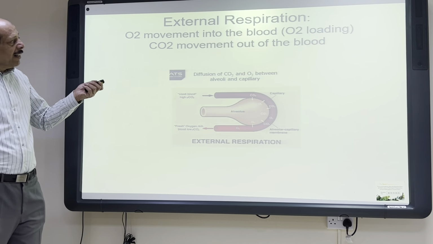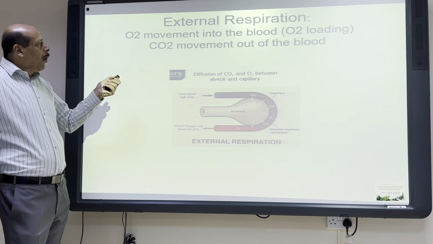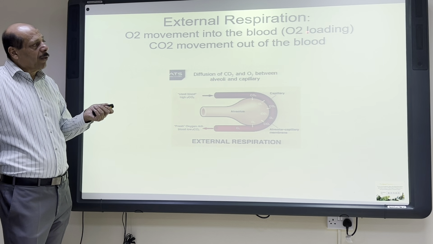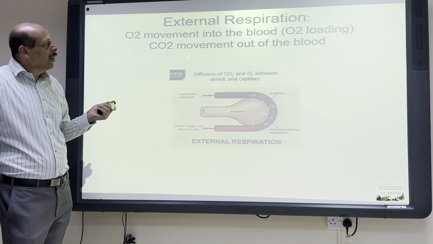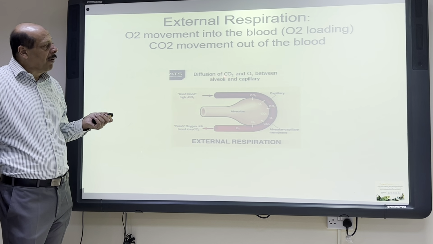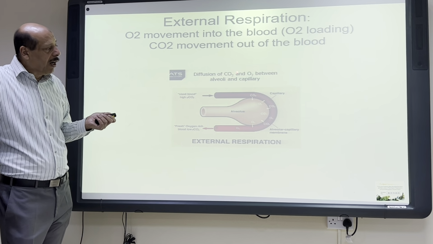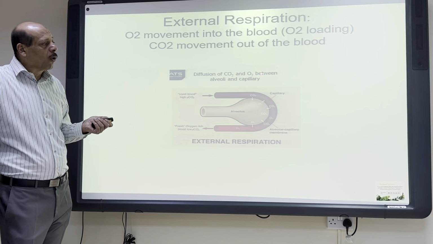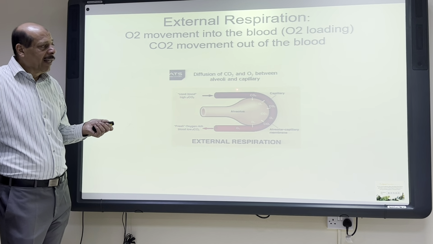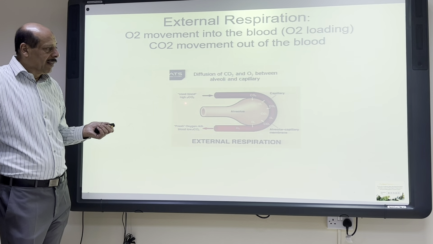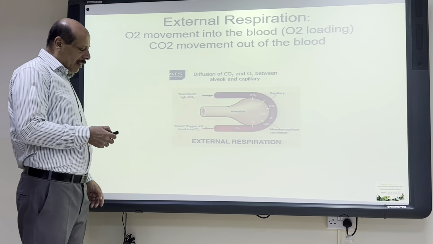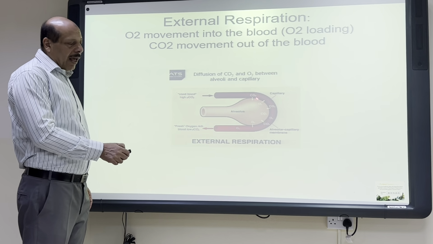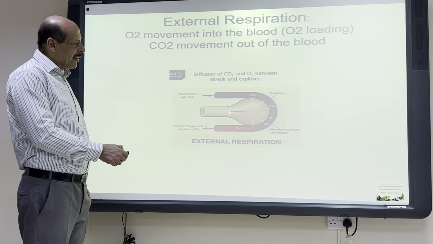So the external respiration, as we said, O2 moves into the blood, it's called O2 loading, and CO2 moves out of the blood. So there is diffusion of CO2 and O2 between alveoli and capillaries. As we said, around the alveoli there is a network of capillaries.